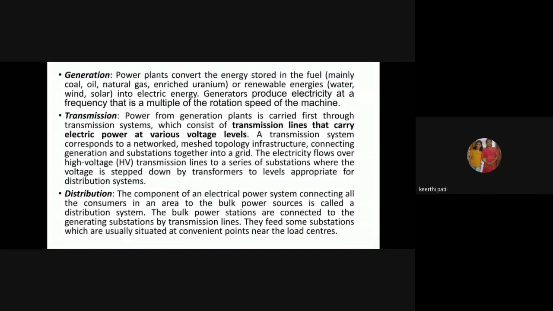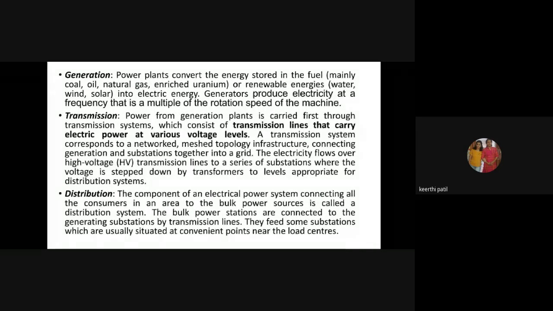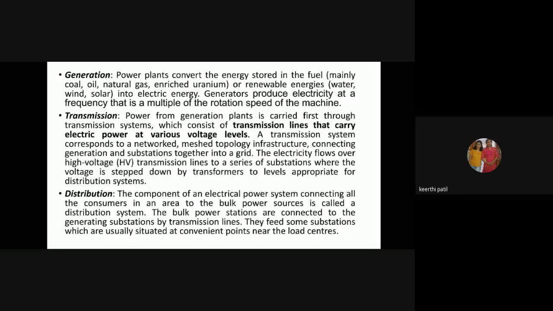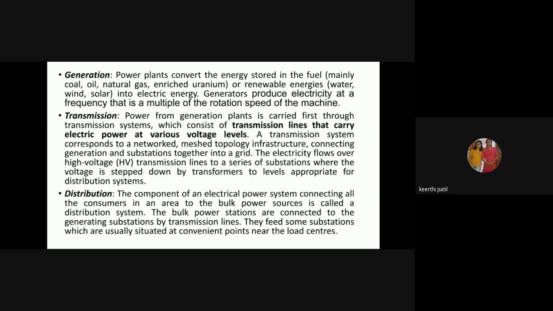Why do we need to carry the transmission at such a high voltage? This is a very important question, and a very important point to understand: what is the necessity that we have to carry at high voltage? The generators are generating at a certain voltage and frequency.